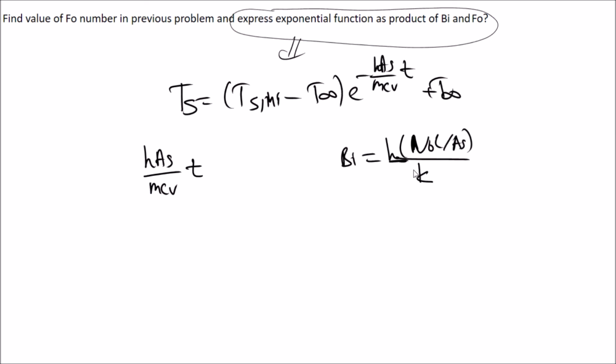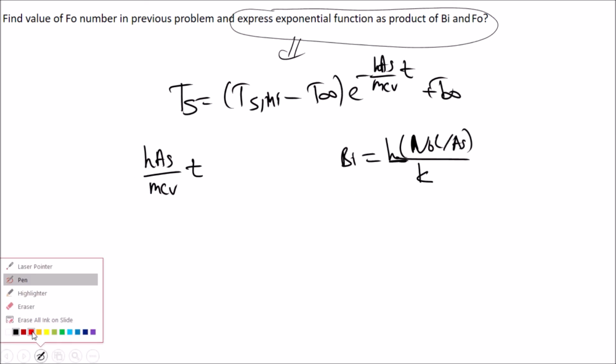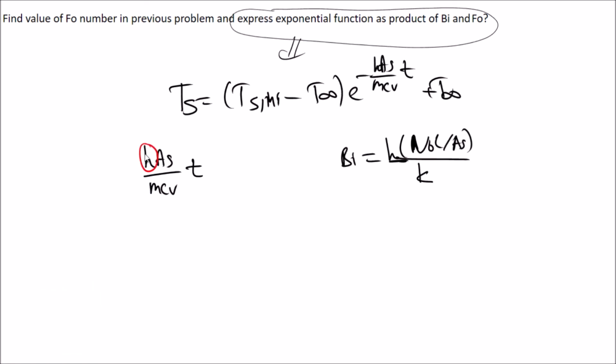This was the Biot number. So I can generate the Biot number from here. What can I do? Instead of m I can write rho times V. So you will have h A_s over rho V C_v times t.